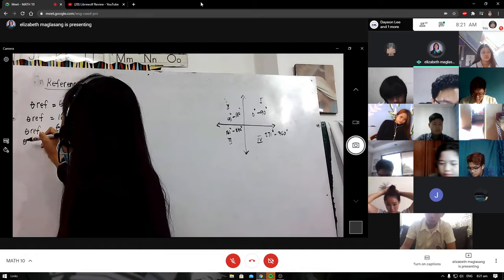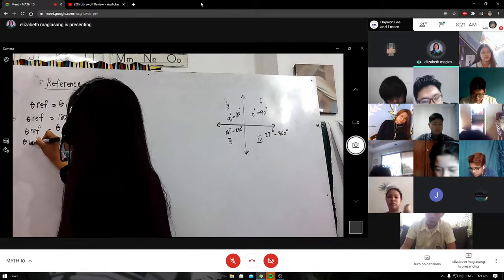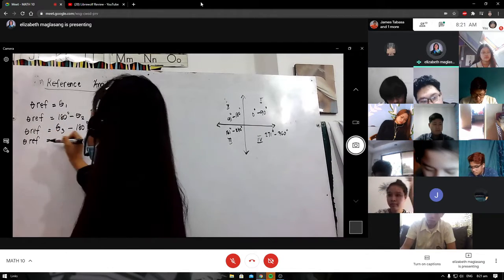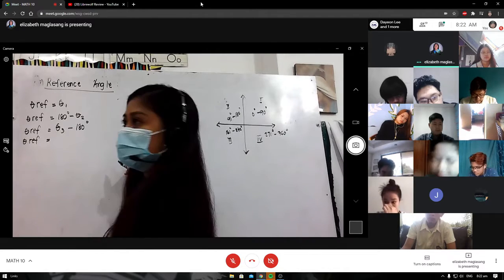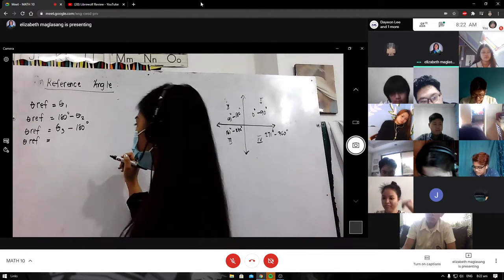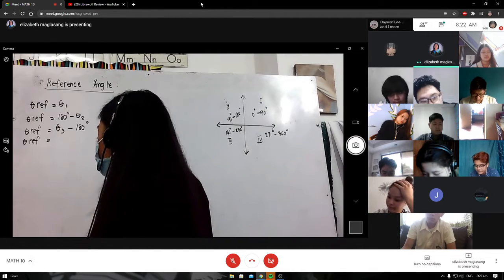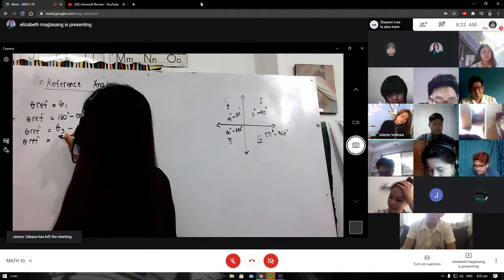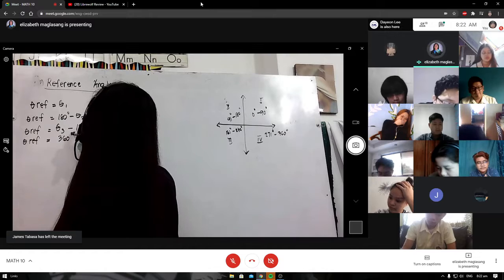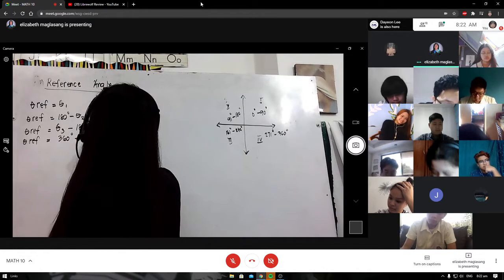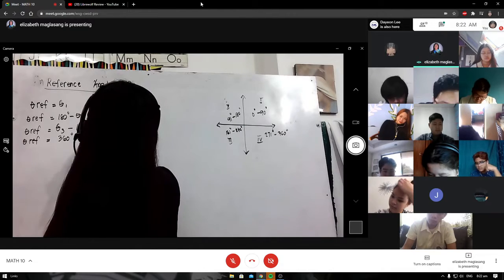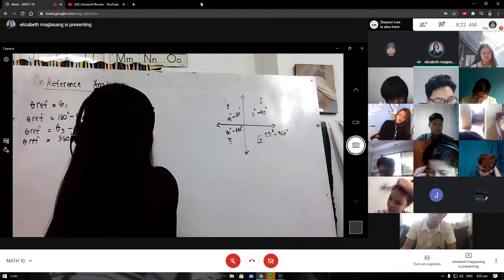If your given angle is in quadrant 4, then the formula is 360 degrees minus the given angle on your quadrant 4.